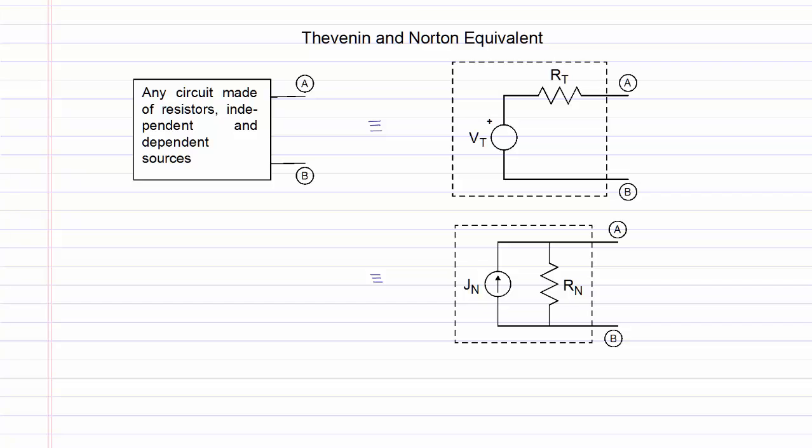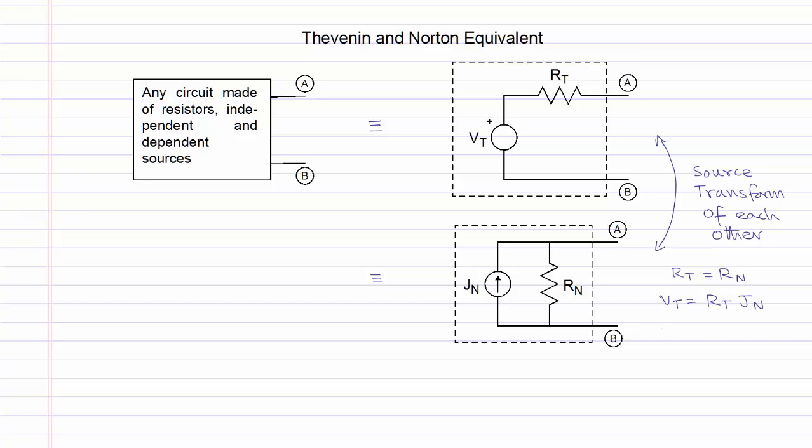Since the two circuits on the right are equivalent to the circuit on the left, we should not be surprised to know that the two circuits on the right hand side are also equivalent to each other. In fact, if we look at them closely, they are the source transformation of each other. And for source transformation, we have that the two resistance values must be equal, and the voltage source value Vt is equal to the product of the resistance and the current source value.